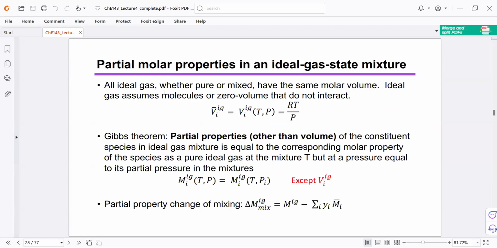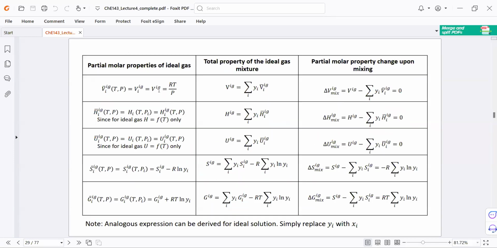These are the equations for the partial molar properties of the ideal gas and the total property of the ideal gas mixture. As you can see, the expressions are analogous for the ideal solution. We just simply replace the IG here with ID to represent ideal solutions, and use x sub i instead of y sub i for the composition.